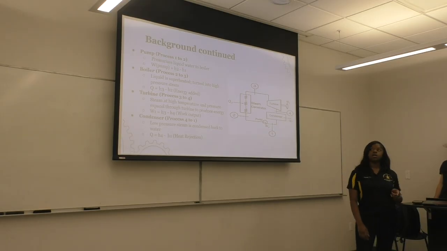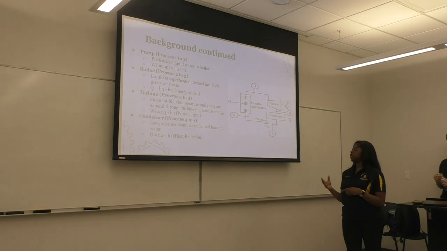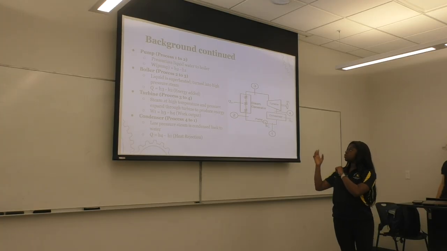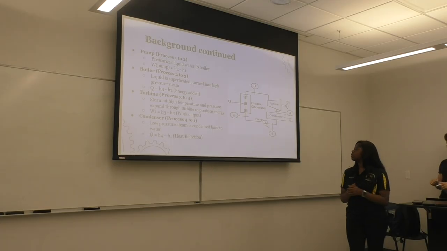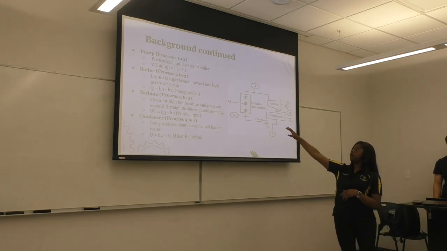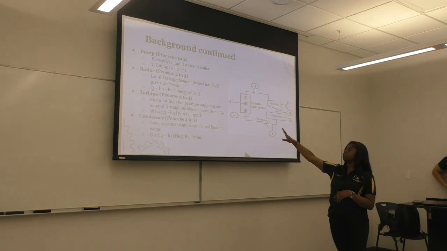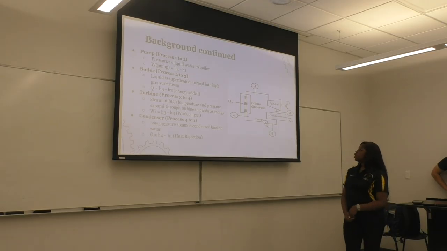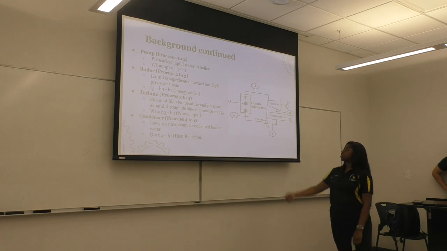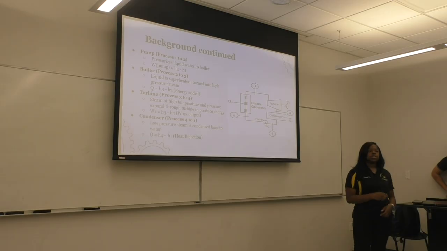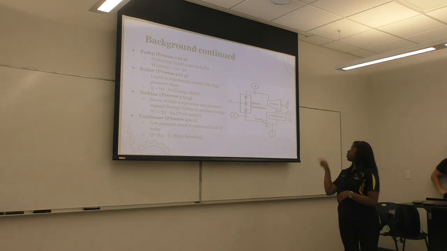Then the boiler turns the liquid into superheated steam, which is basically just high pressure steam, and that is the associated equation. The turbine takes the high pressure and high temperature steam and turns it into energy. And then the condenser takes that steam out of the turbine and turns it back into liquid water.